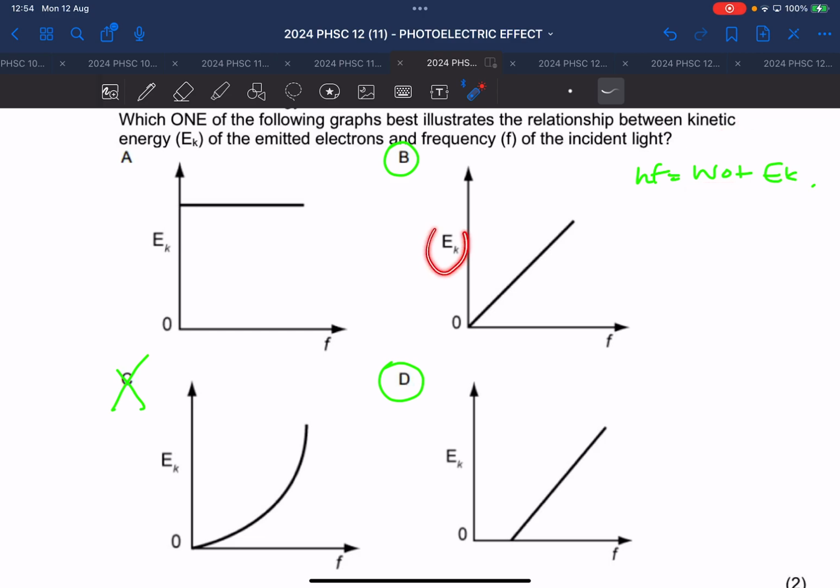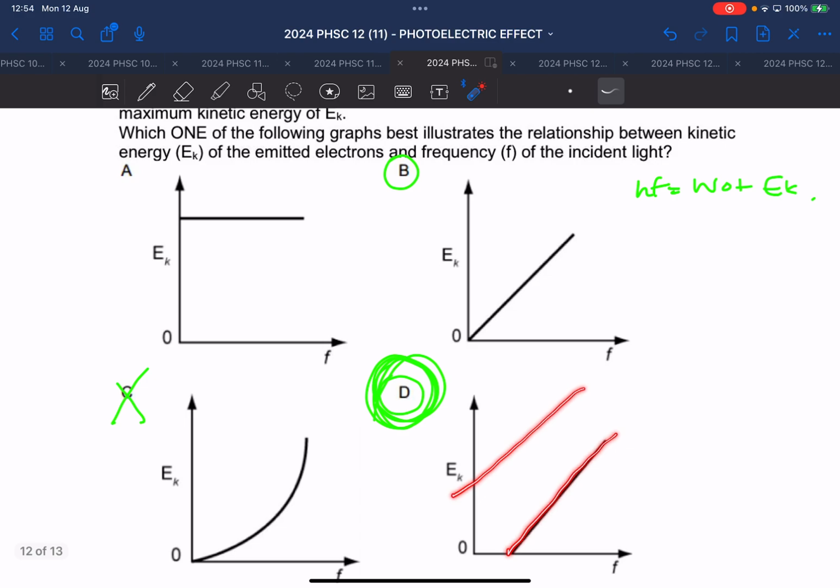So when the kinetic energy is 0, frequency still has a value. So the answer is D. In this chapter, your graphs will always cut one of the axes. It should, because there's a starting point.